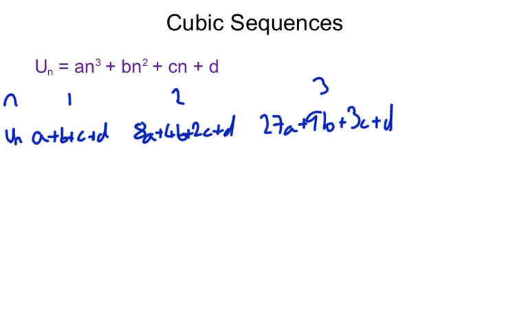And when n is 4, we're going to stop there because we're going to run out of space otherwise. We get a times 4 cubed, that's 64a, plus 16b plus 4c plus d.